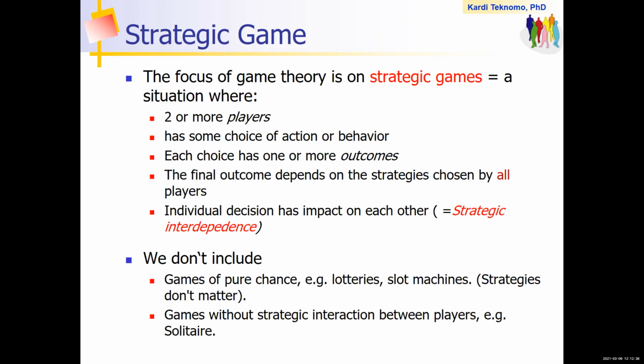Your decisions will have an impact on each other, so there is certain interdependency. When I say games here, it does not include games of pure chance, for example lottery or slot machine. It does not include games without strategic interaction, for example solitaire.